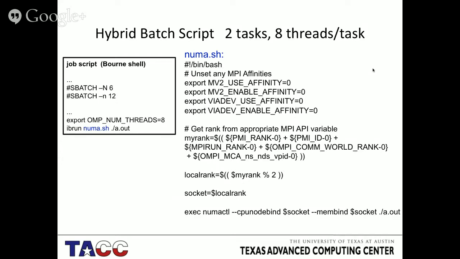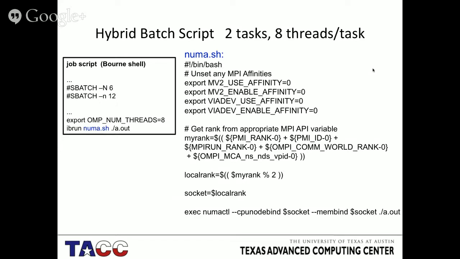and inside that numa.sh script, we're going to bundle a bunch of different things. So we're going to unset the MPI affinities. We can automatically get the MPI rank that we want, and each of those, PMI_RANK, PMI_ID, and so on, each of those is for a different MPI stack. And don't worry about this. I'm going to show you how to do it without knowing that stuff, because this is painful. But essentially what this is going to tell you is this is what my rank is right now.